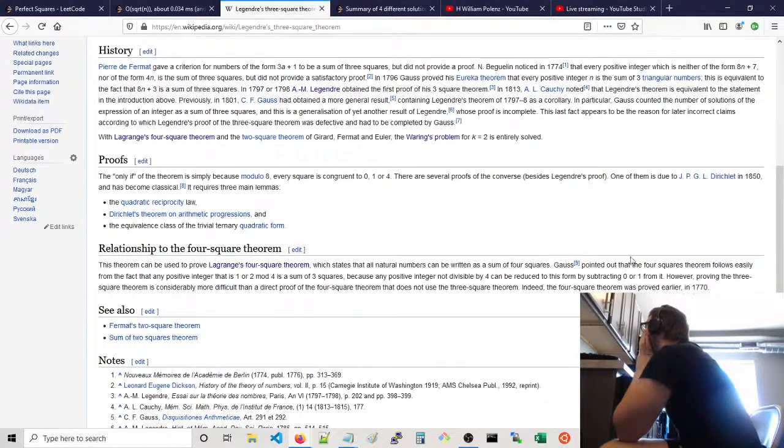From the four squares theorem follows easily from the fact that any positive integer that is 1 or 2 mod 4 is a sum of 3 squares, because any positive integer not divisible by 4 can be reduced to this form by subtracting the 0 or 1 from it.